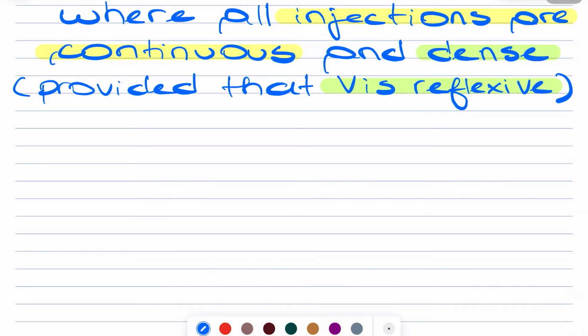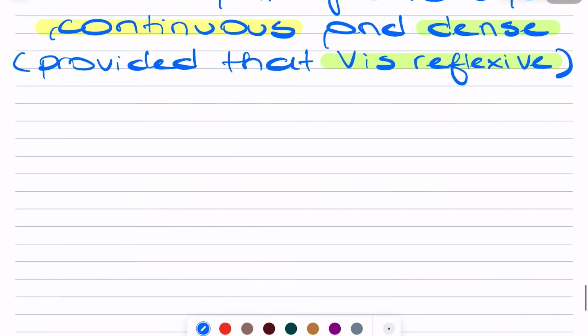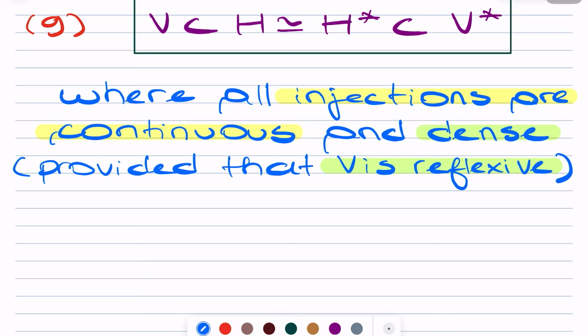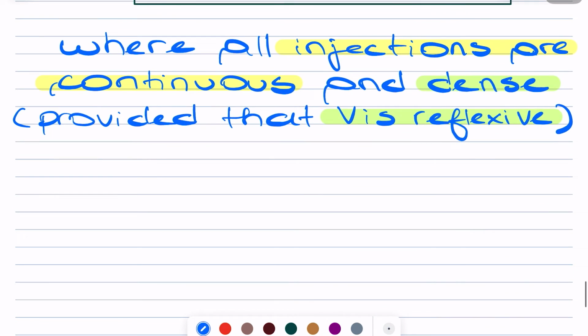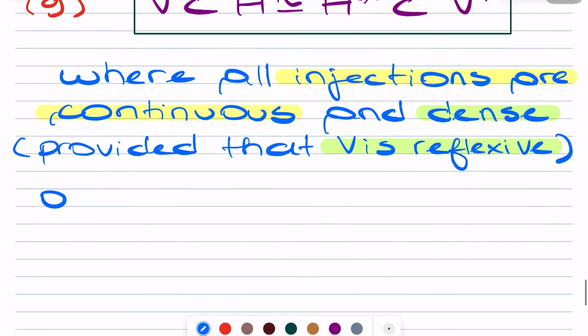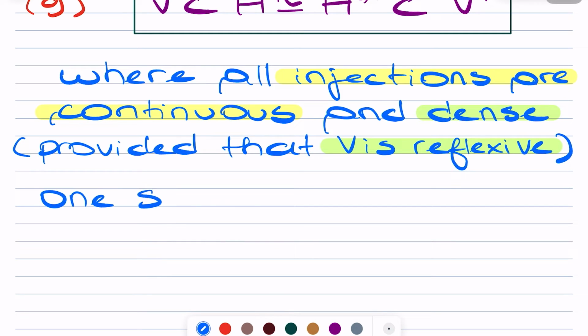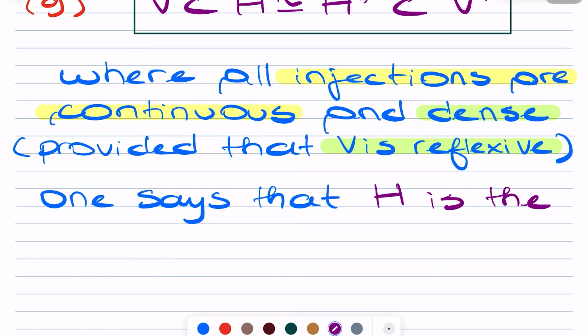Okay, so when you have relation 9, one says that H is the pivot space.